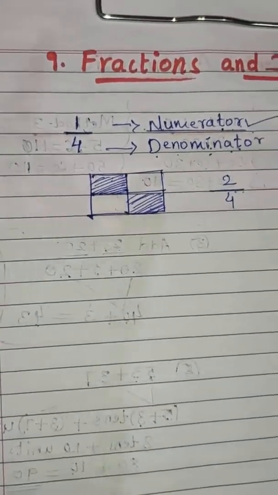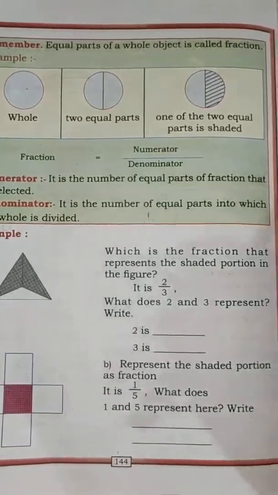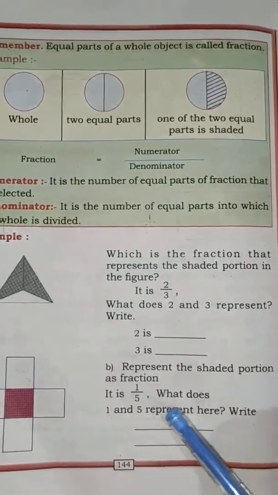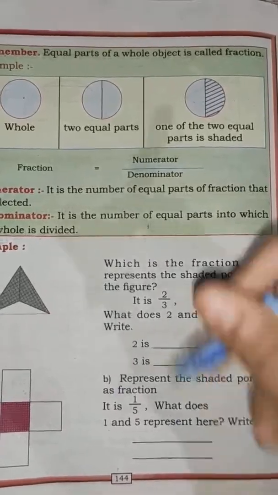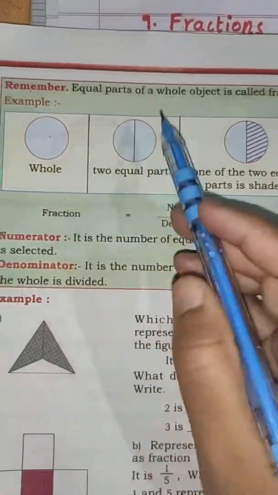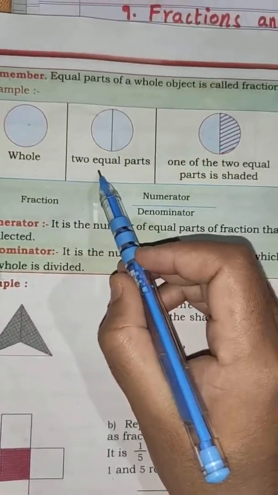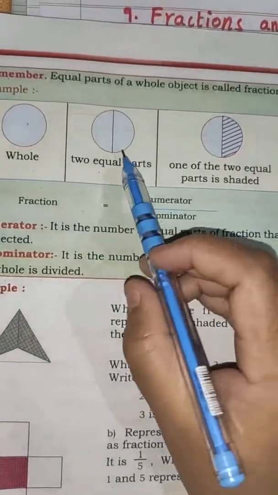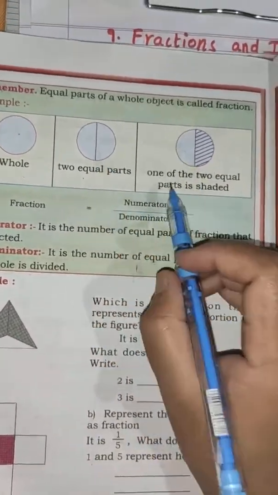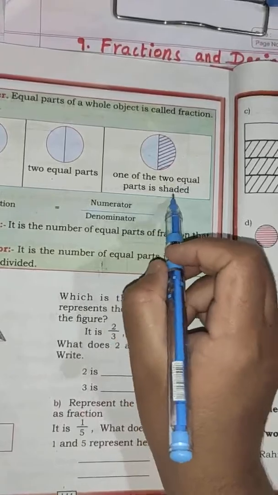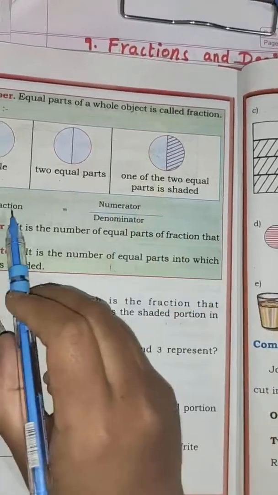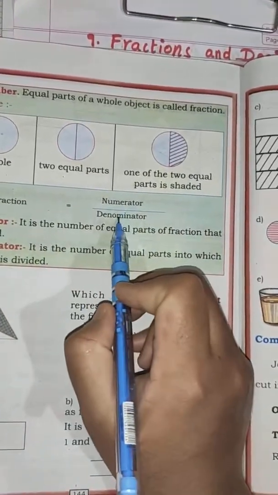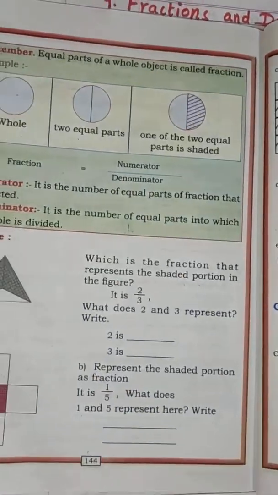Okay. So children, what is fraction? Equal parts of a whole object is called fraction. So here it is a whole one and we have made it into 2 equal parts, and one of the 2 equal parts is shaded. Yes, so fraction is numerator divided by denominator.